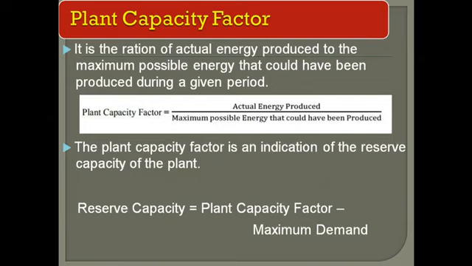The plant capacity factor is an indication of the reserve capacity of the plant. Reserve capacity is equal to plant capacity minus maximum demand. Always remember, reserve capacity is equal to plant capacity minus maximum demand.